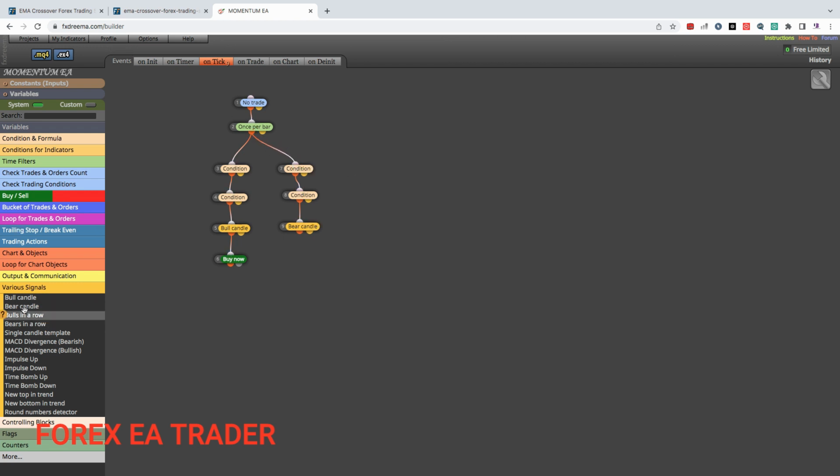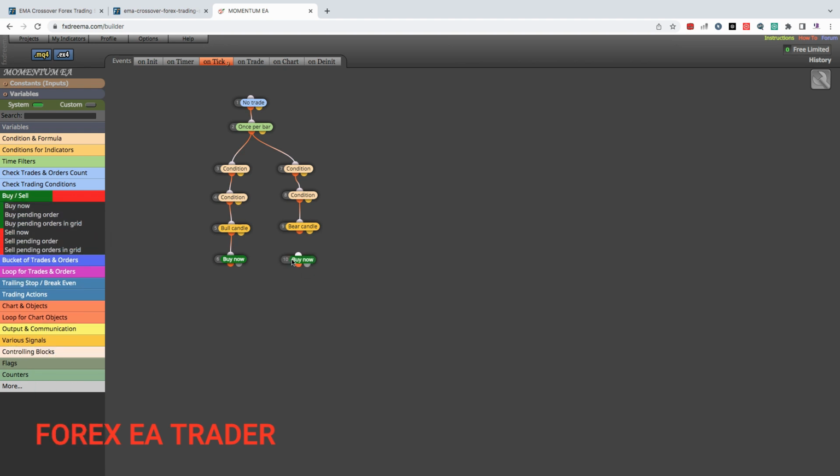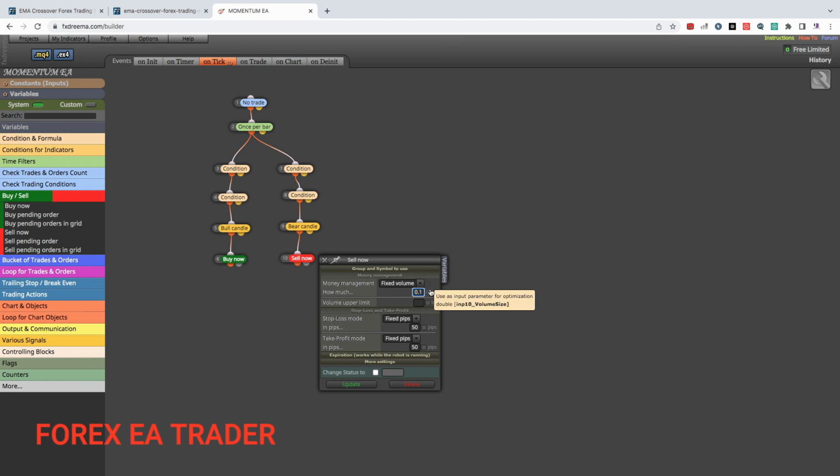Then we also go here and say sell. Why did I pick a buy? Then we say sell now, like that. Double click and set whatever lot size you want. I usually recommend the bare minimum as well as the stop loss and TP that you want.